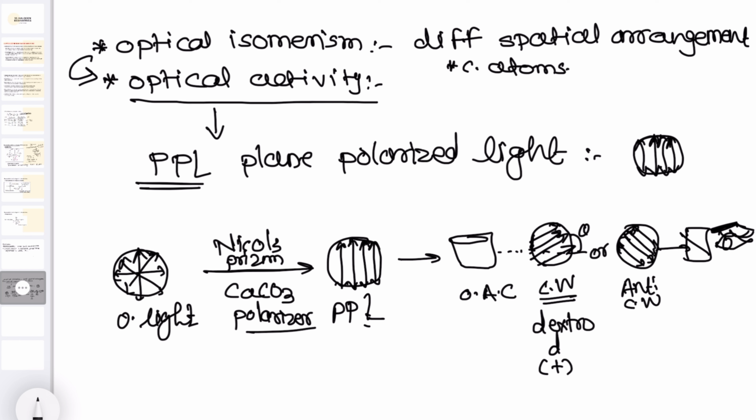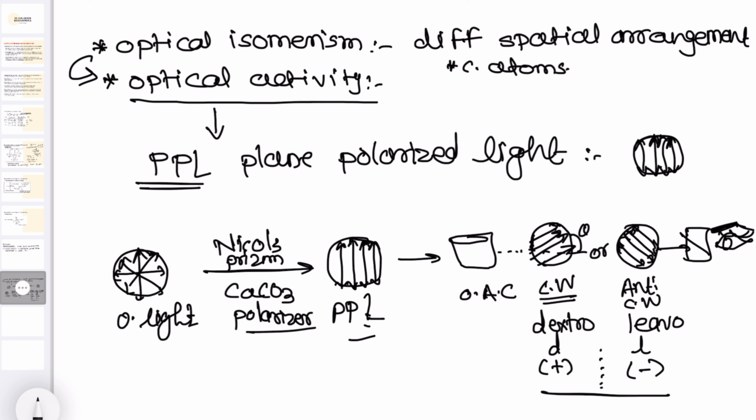And if the substance rotates the plane of polarized light towards the anti-clockwise direction, then it is known as levorotatory, denoted by the symbol L and a minus sign. These compounds are called enantiomers. Why are they called enantiomers? Because they are non-superimposable mirror images, one having a plus sign and one having a minus sign.